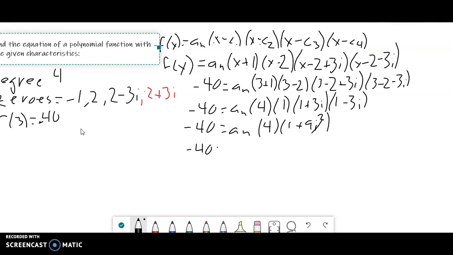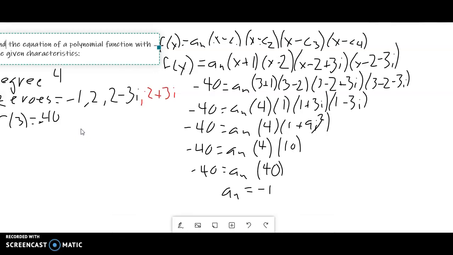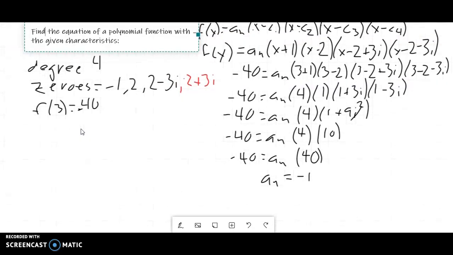So we'll have negative 40 equals an times 4 times 1 plus 9 is 10. So negative 40 equals our leading coefficient an times 40, which means that our leading coefficient an is simply equal to negative 1.